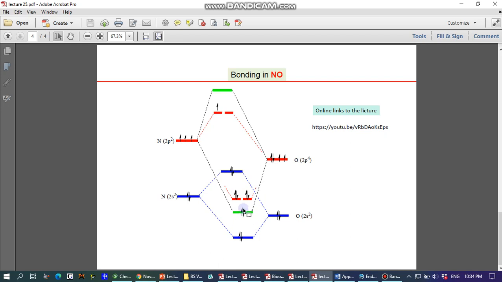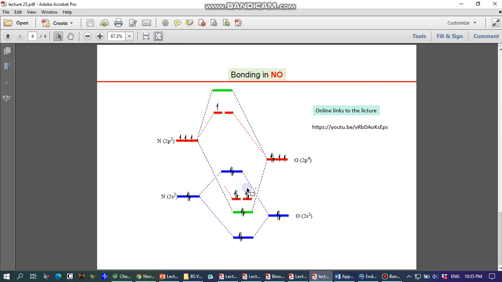This bonding molecular orbital has the lowest energy among these three, so the first pair will be accommodated by this molecular orbital, and then the remaining 4 electrons will be accommodated by the two bonding molecular orbitals, which are called pi orbitals. And then 1 electron is left. So 4 plus 3, we have to accommodate 7 electrons, and these orbitals have a maximum capacity of 6 electrons.